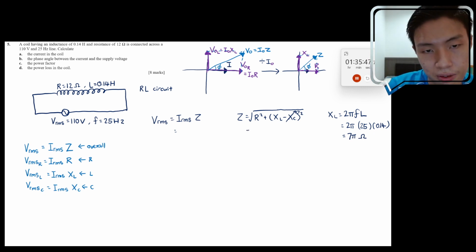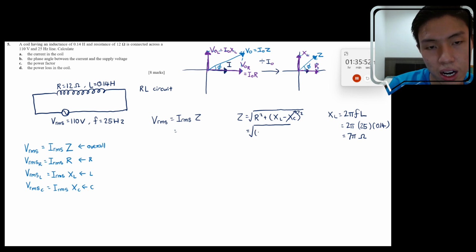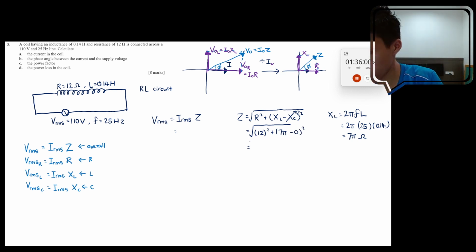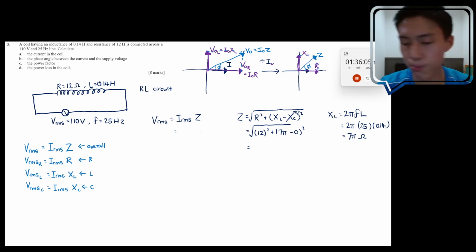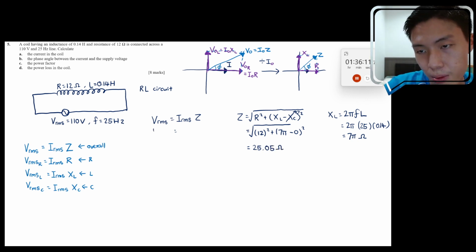Once you have this, you can substitute to get your impedance. R is 12 ohm, XL is 7 pi, minus 0, squared. So this will allow you to get your impedance to be 25.05 ohm. Now you have your VRMS, which is 110, and your Z, which is 25.05.